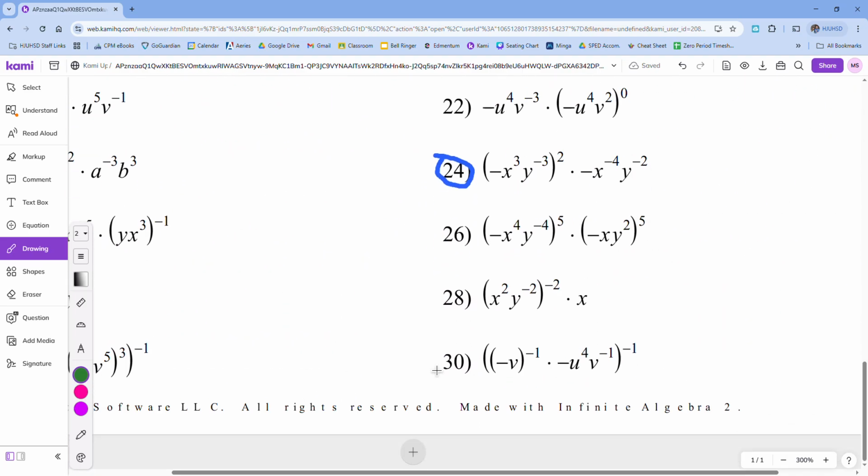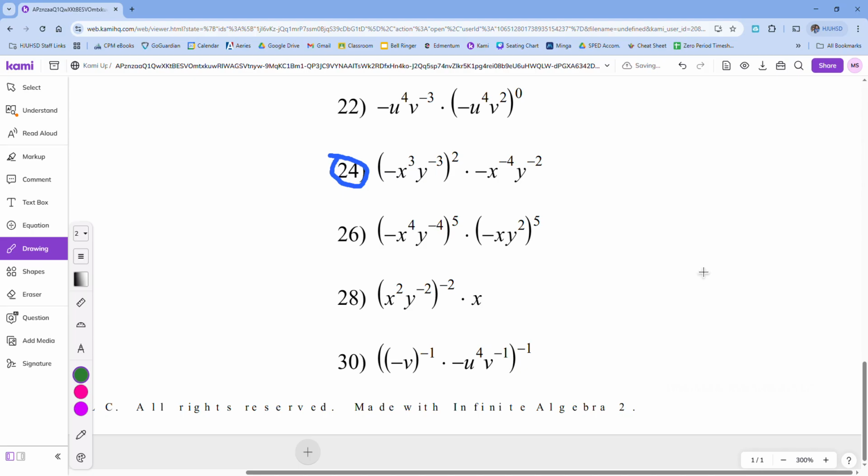24. And then 29. 24. All right, we got some negative exponents here. And it's being multiplied. But, yeah, this is interesting. So I'm going to re-express that first parentheses, this one right here. And I'm going to write this as minus x cubed divided by y cubed.